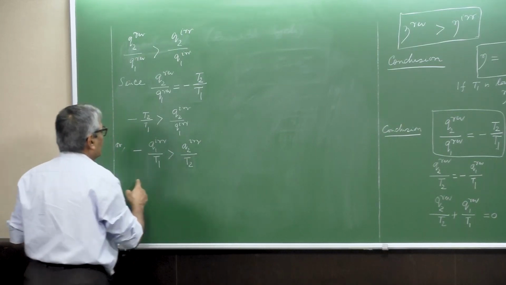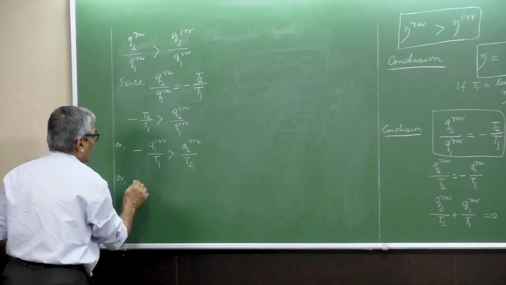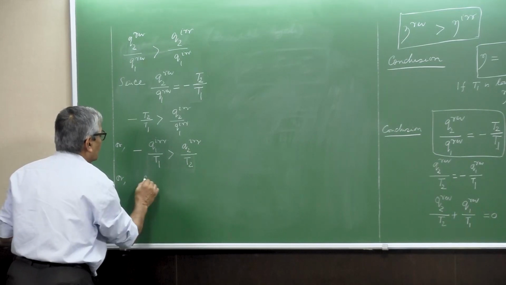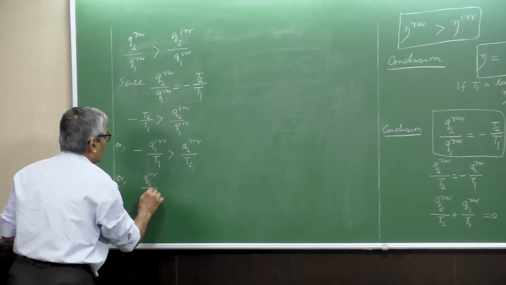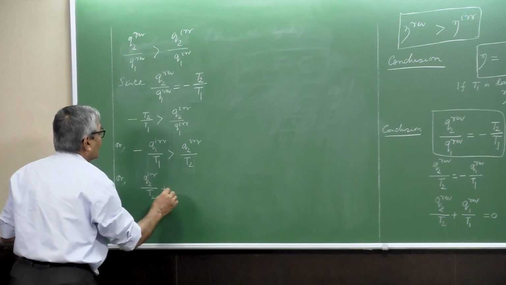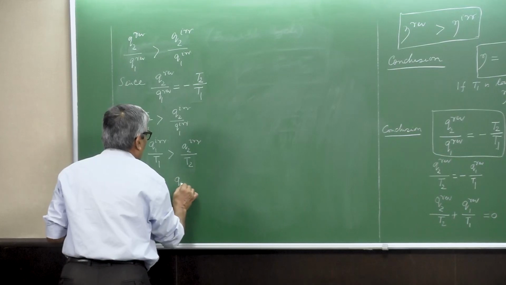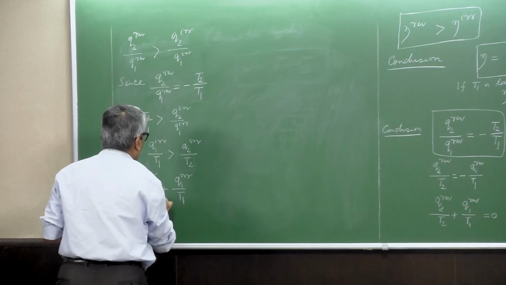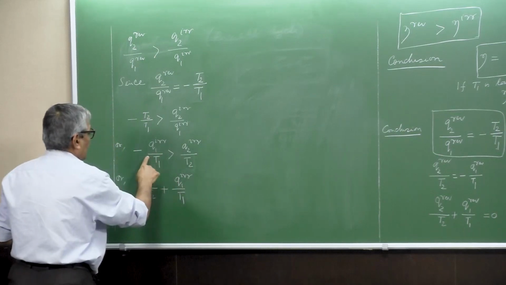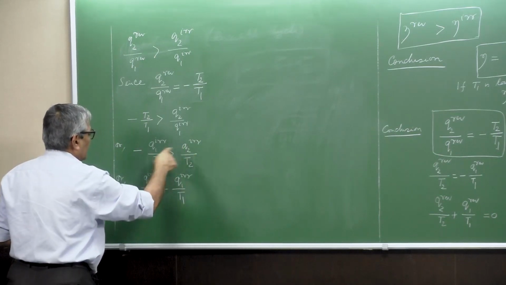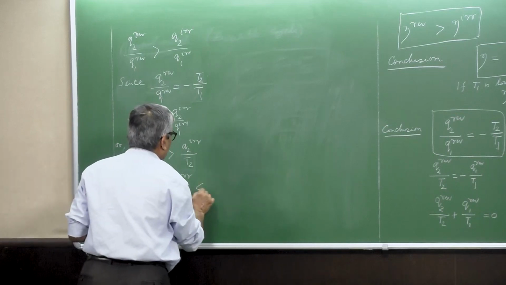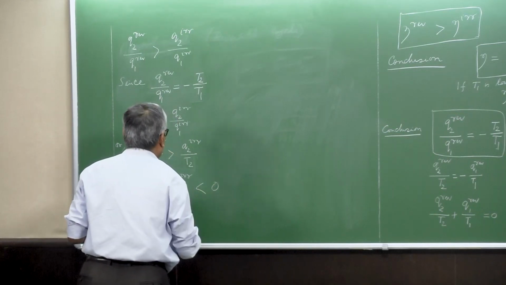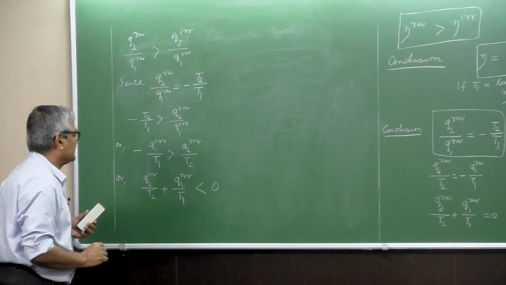So if I write it in this way, or I can take it to the other side, Q2 irreversible divided by T2 plus Q1 irreversible divided by T1. If I take it to the other side, the sum is less than 0. That is a negative quantity.